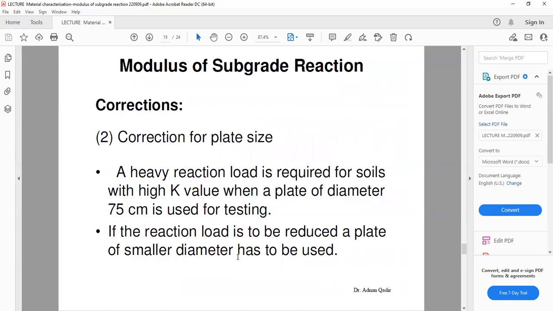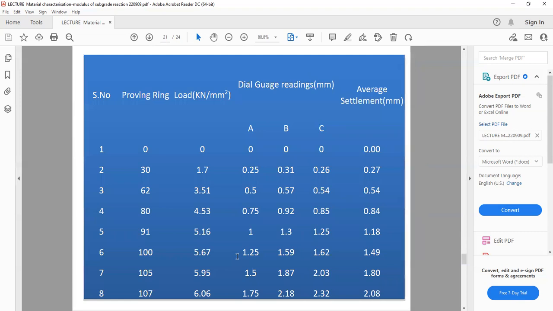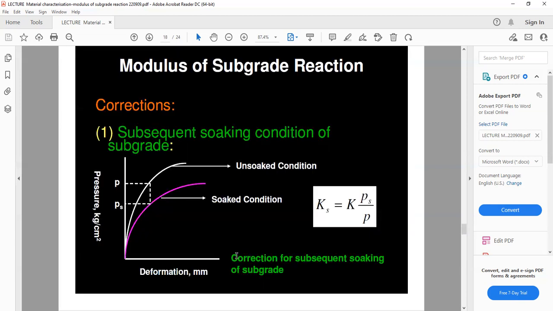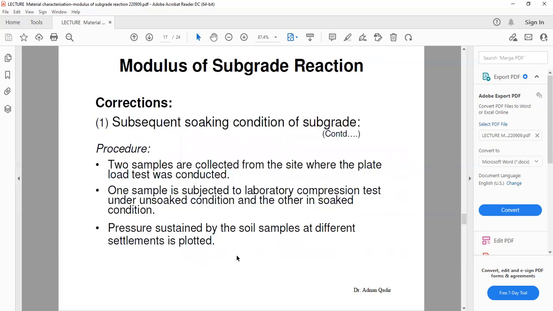Once you do this, it is not enough. Once you take this reading, you have to correct it for 2 more measurements.